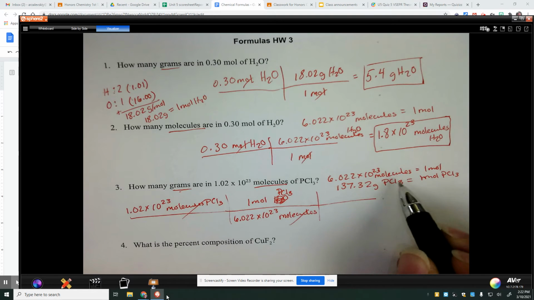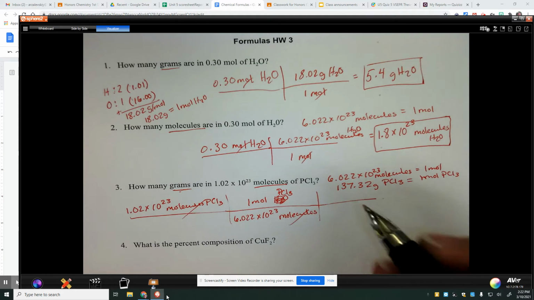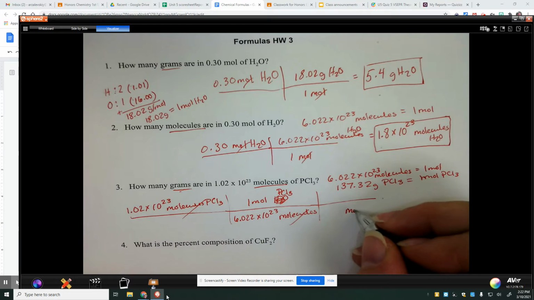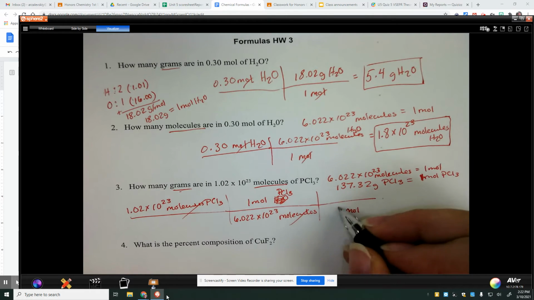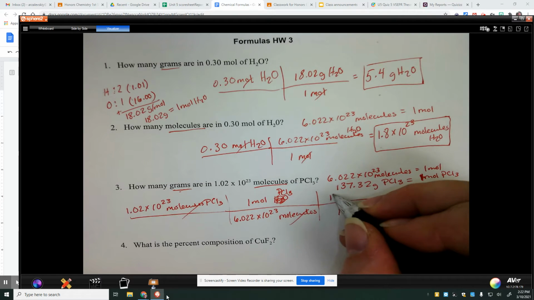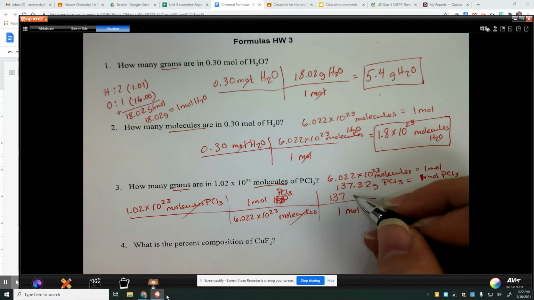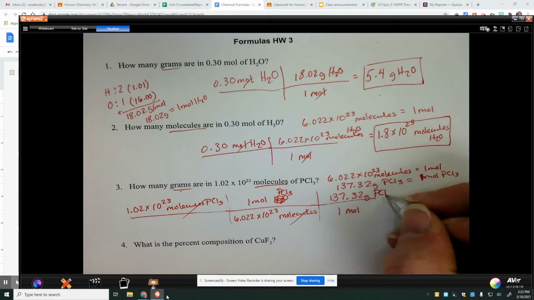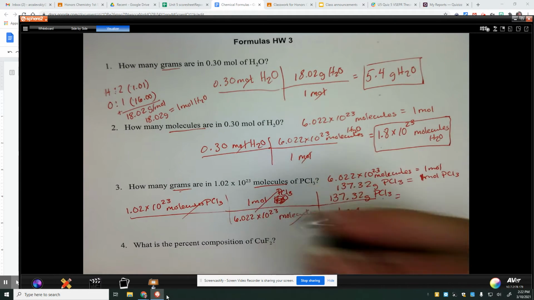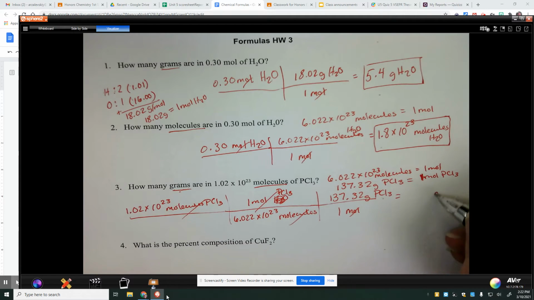So now we're going to use molar mass to convert from moles to grams. Mole is here, mole has to go here. So that lets me know that I'm going to have to write this as 1 mole of PCl3 on the bottom and 137.32 grams of PCl3 on the top. Moles cancel out, and all we're left with are grams of PCl3.